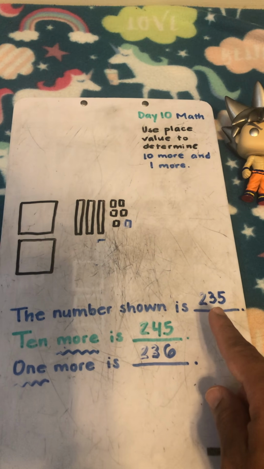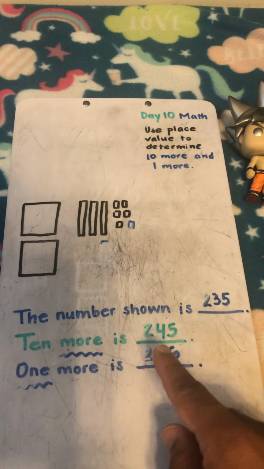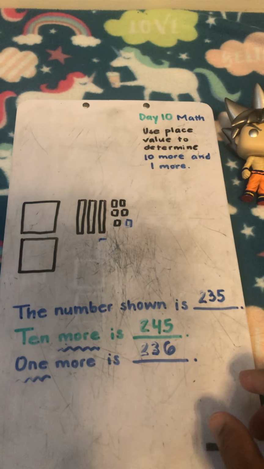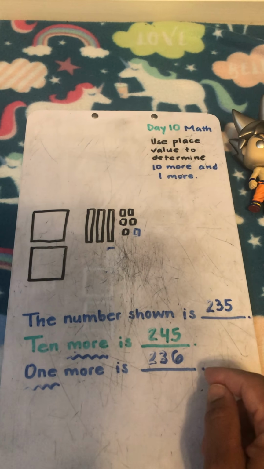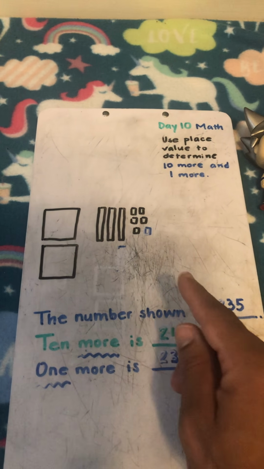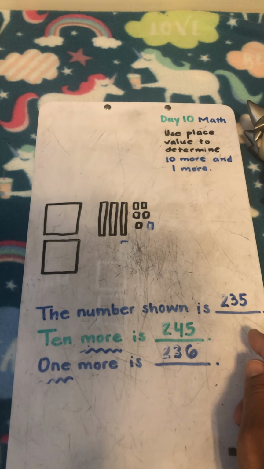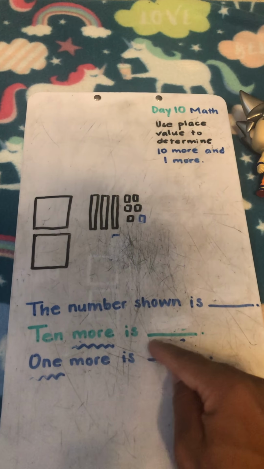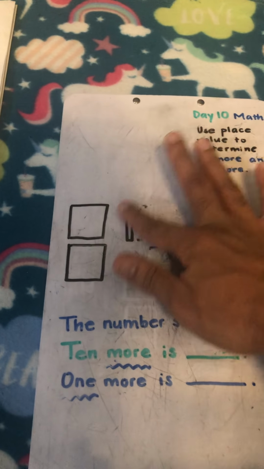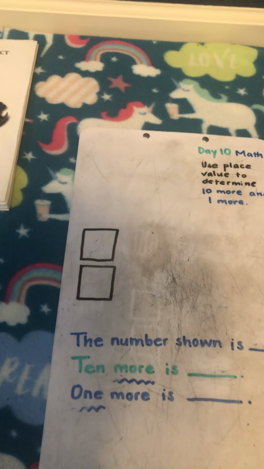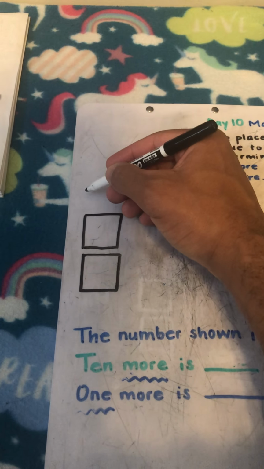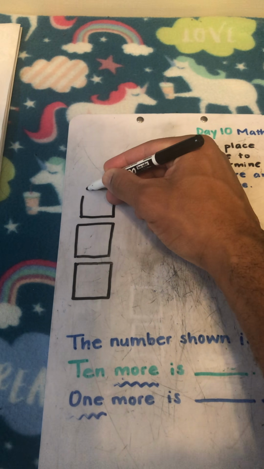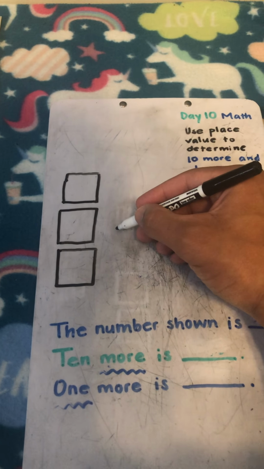So again, our starting number was 235. 10 more is 245. 1 more is 236. So very quickly, we're seeing how we can change our values by just thinking about the place value. Okay? I'm going to do one more here, if I may. Let's take a look at a number like so.